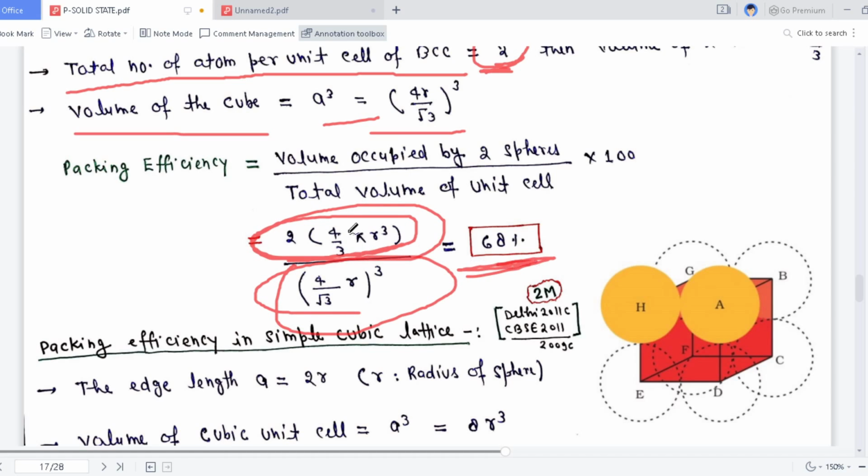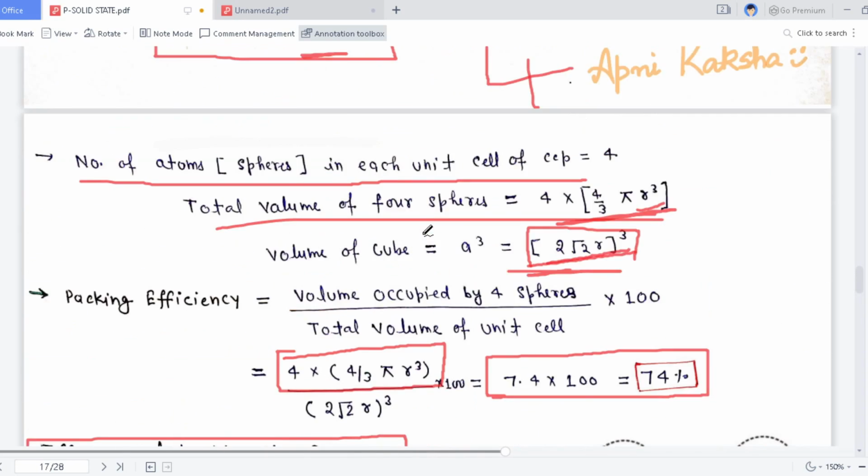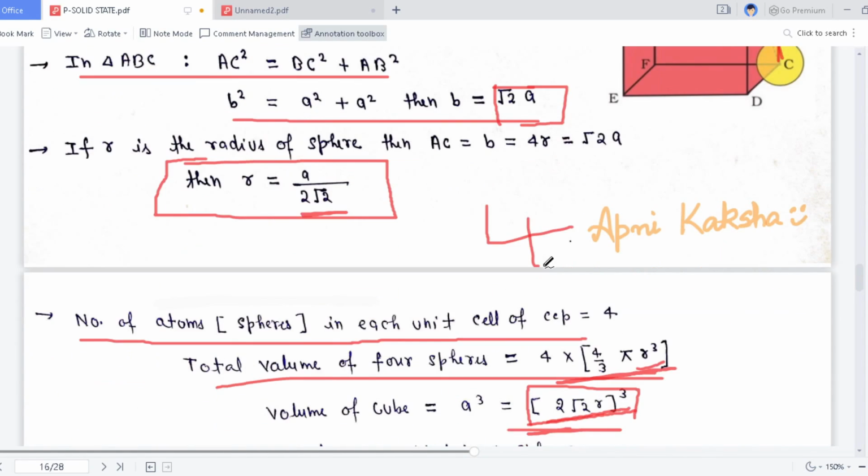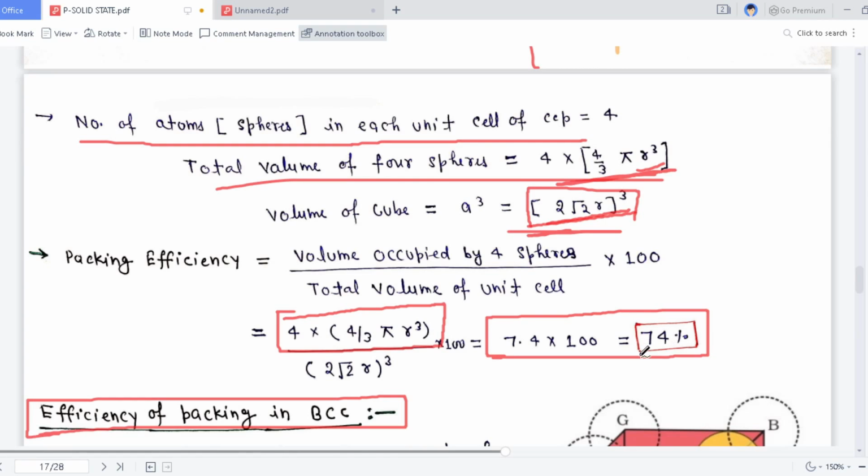Basically, we end up with 68% as the packing efficiency for BCC, and here we got 72 or 74.